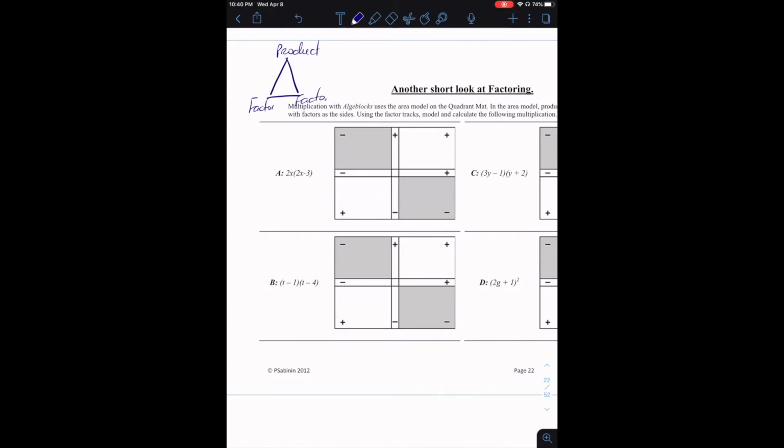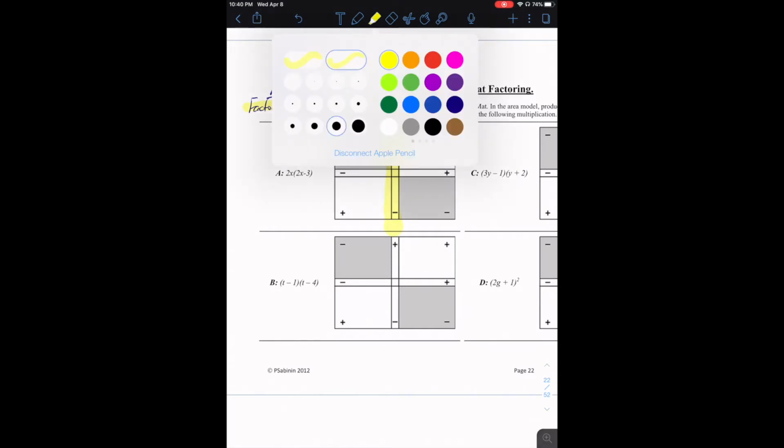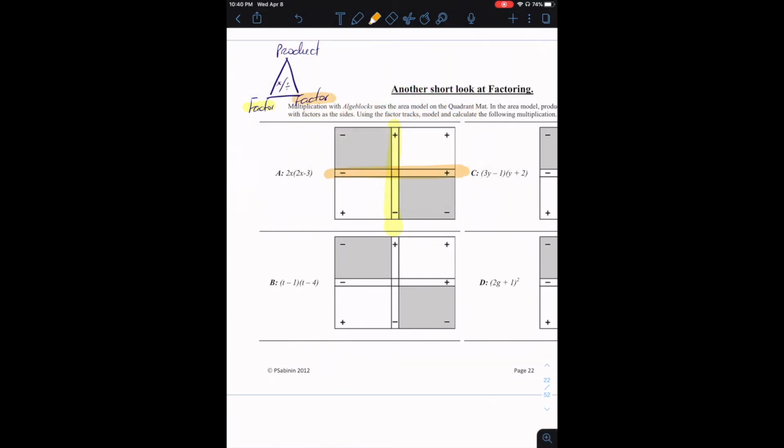What we have been working on has been this family triangle, and we have labeled, for example, the vertical factor as one of the factors, and then the horizontal factor is the other factor, and the product is that rectangular area that we have been looking at in one of the quadrants.